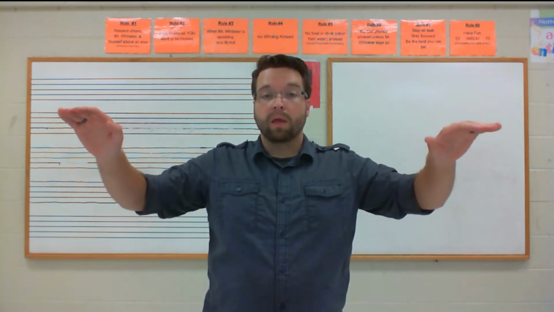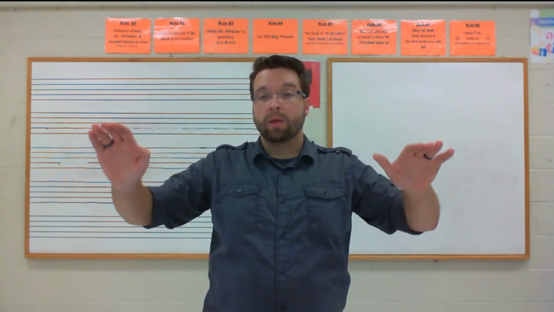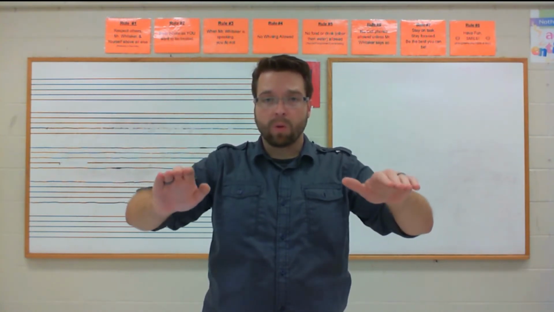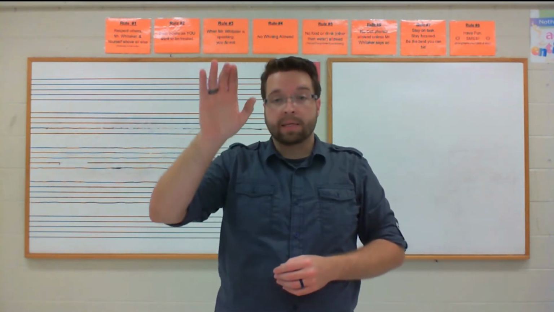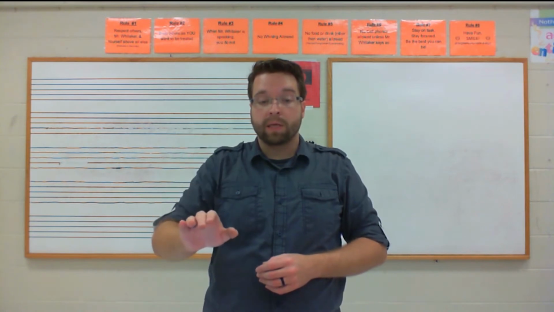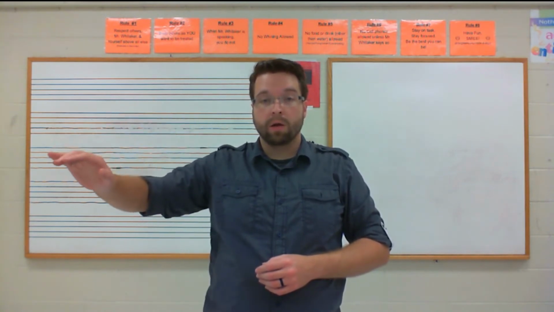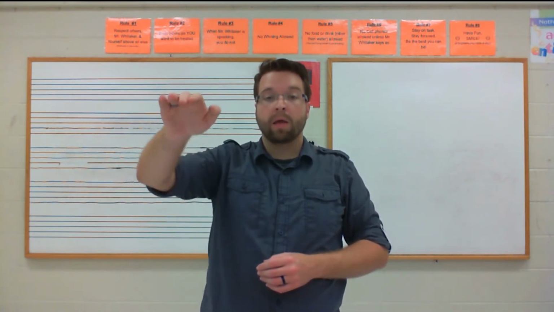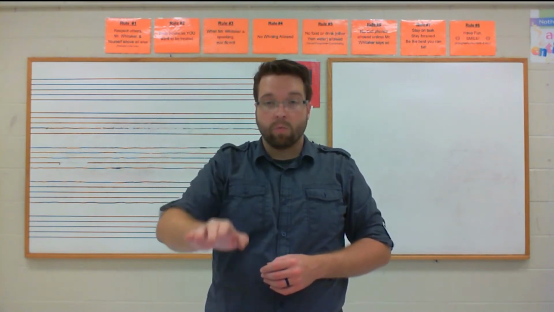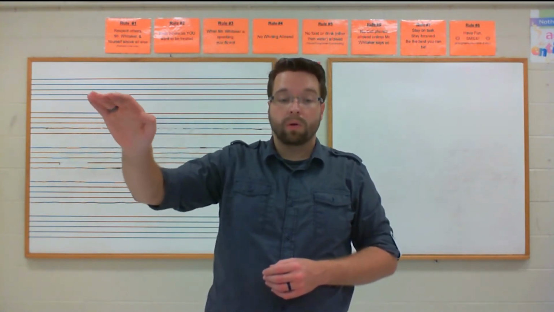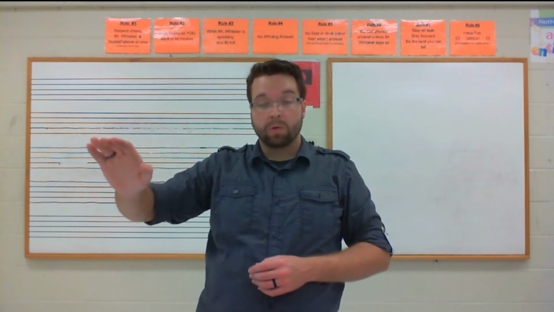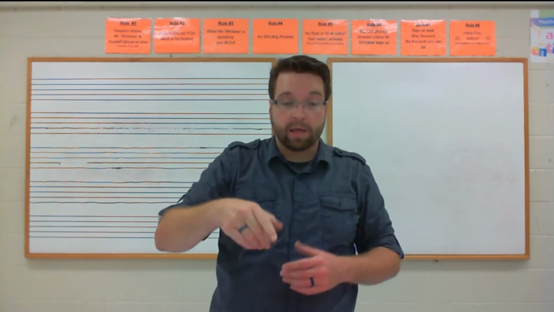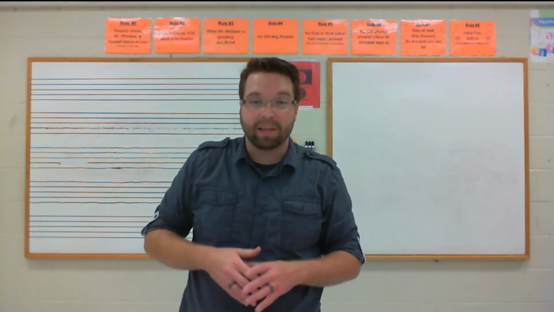Strong, weak, weak, 1, 2, 3, 1, 2, 3. And as you notice, my hand has this particular pattern. 1 is here, 2 is here, 3 is here, and there's the end of 3 coming down to 1. 1, 2, 3, 1, 2, 3. And if you see me looking down, it's because I'm looking at myself to make sure I'm doing it correctly, how it looks to you.